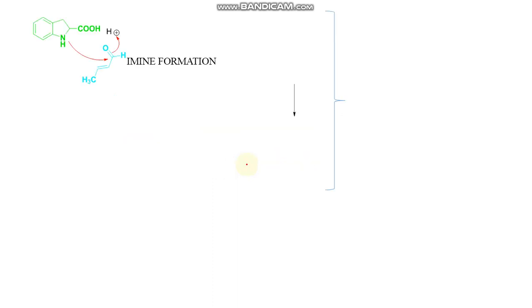So first imine formation will happen with the substituted amine they have given and the alpha beta unsaturated carbonyl compound. Imine formation will create this type of compound where nitrogen will be positively charged. Now you have no other options to go into the Chaykovsky mechanism because no other reagent is there. So the only option is the attack of the sulfur ylide nucleophile.